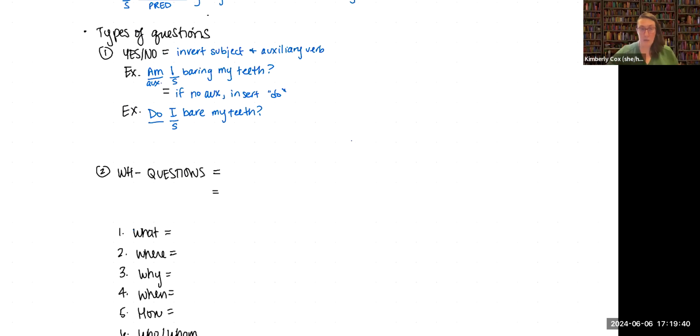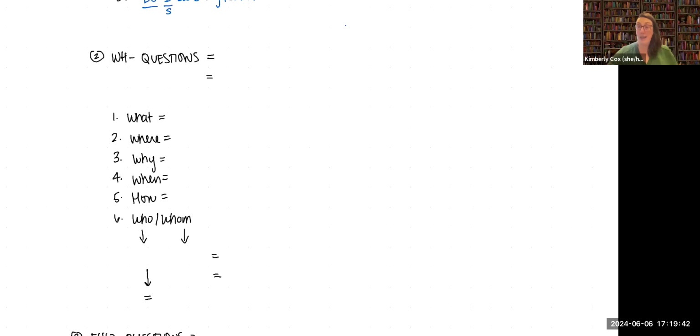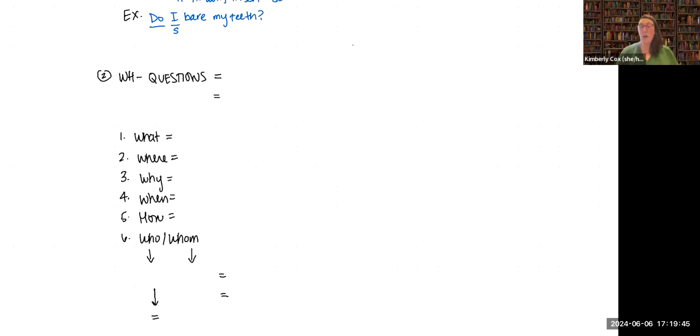The second type of question is the WH question. There are a variety of different forms that this type of question can take. We're going to talk about how to create those questions and what they look like with each of the various terms that might be used. The key thing with WH questions is that the WH word appears at the beginning of the question.